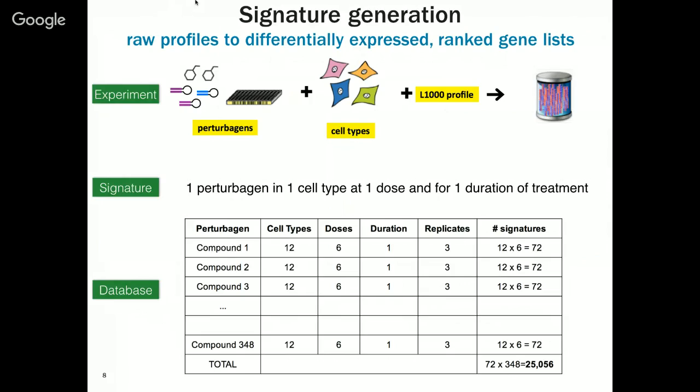If one does this now for, in this example, 348 compounds, and across 12 cell types, 6 doses, you can see how it mathematically computes to about 25,000 such signatures. So in our system, we routinely make about 4 times this number of signatures a week, and hence this data set tends to grow at a pretty rapid clip.